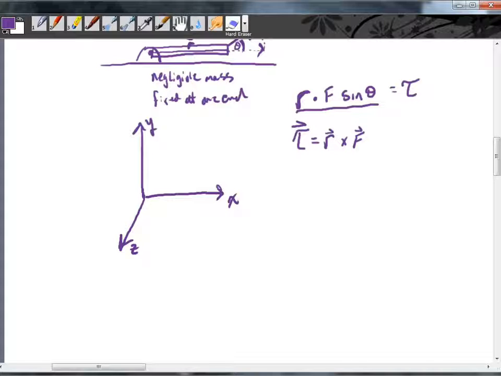That x curled into y points in the z direction. Y cross z points in that direction, and z cross x points in the y direction. Follow me there?